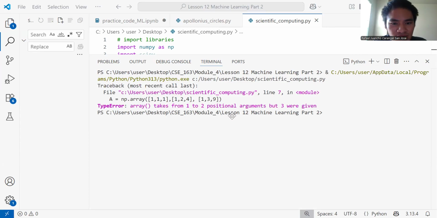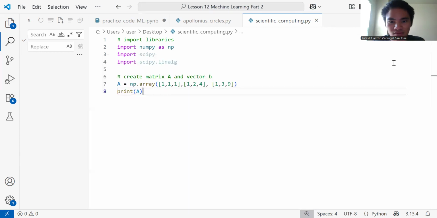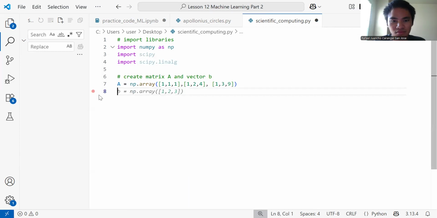Oh wait, what happened? Array takes from one position, but three were given. What does that mean? Let me double check what I did.